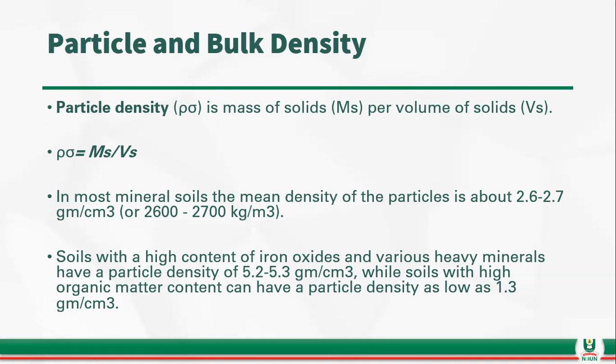So soils with high content of iron oxide and various heavy minerals have a particle density of about 5.2 to 5.3 gram per cm3, while soils with high organic matter content have a particle density of as low as 1.3 gram per cm3.